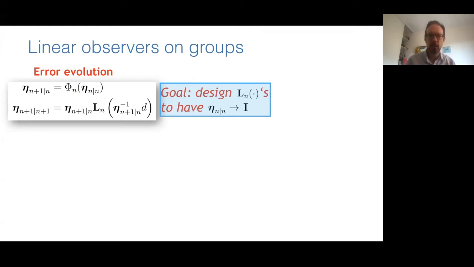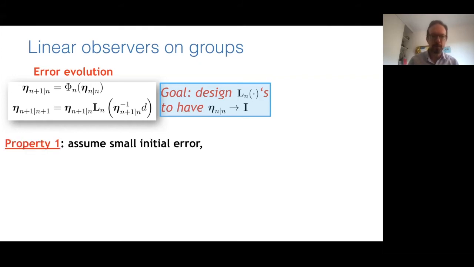It's a function, it's not a matrix anymore. I mean, it's a function that's matrix valued, but to have the error go to 0. So here, as eta is the difference in the sense of group of multiplication, you want eta to go to identity, because when chi is equal to hat chi, then eta is equal to identity.